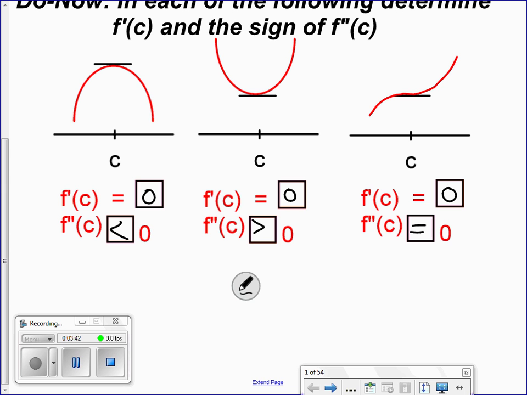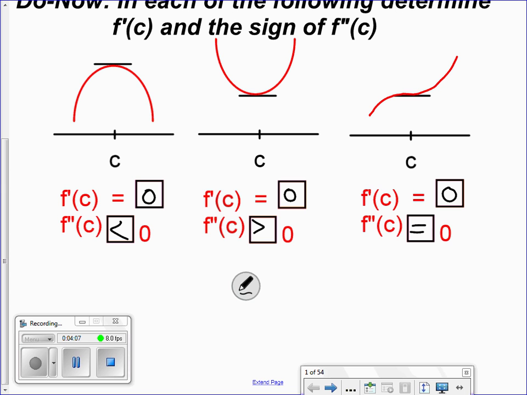What do you think that tells you about the function at 3? It's concave down there, and since you had a horizontal tangent, you have a max. It'd be like the first case. So if you find where the derivative is 0, take that number, I have a C here, but it could be 3 or whatever number, and put it into the second derivative, and you get a negative value, you know you got a max there.